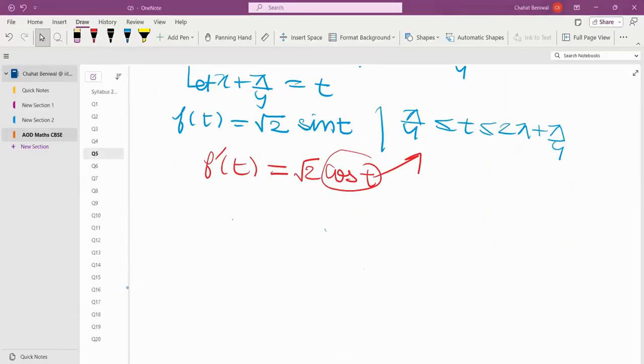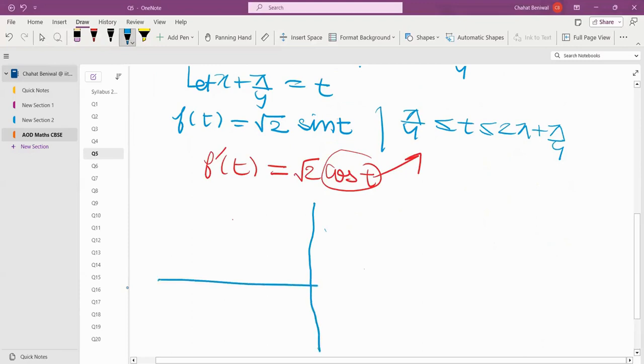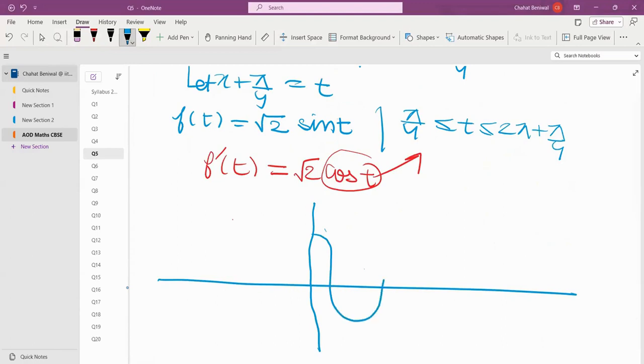So I'm going to make the graph of cos t. Okay, so this is pi by 2. This is 3 pi by 2. This is pi.